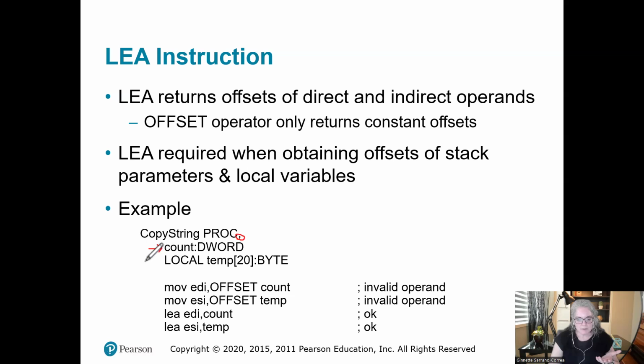This is the next item that's getting passed to the procedure. So there's a count of size double word, and there's a local array of bytes.